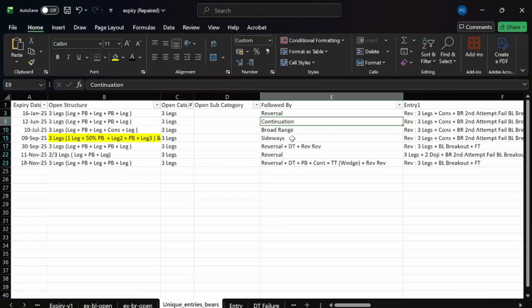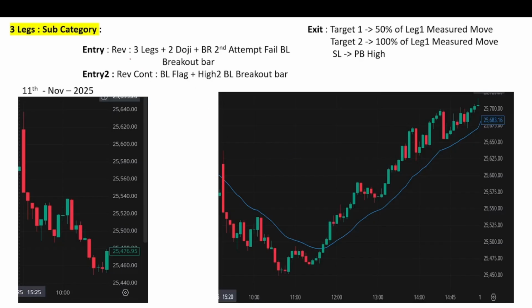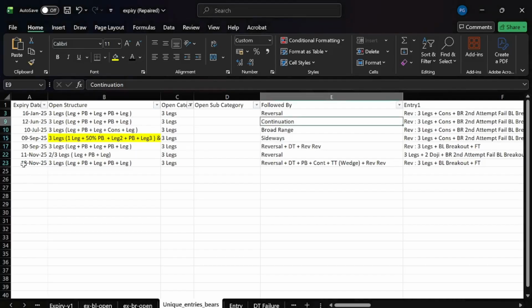Some of these days went on sideways, and some of these days gave reversal plus reversal, and that reversal reversed again. But if we are looking out for what we should be looking out for according to the rules that I gave in the starting slide, you can cash a really good number of trades in this.